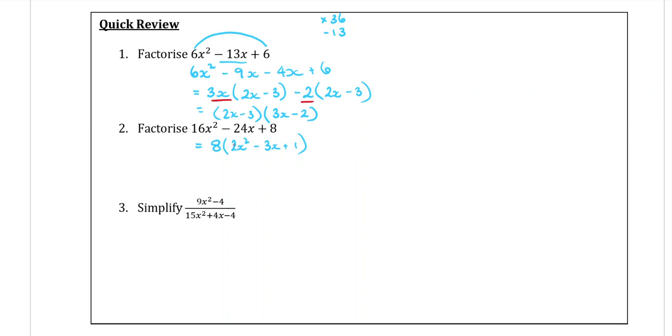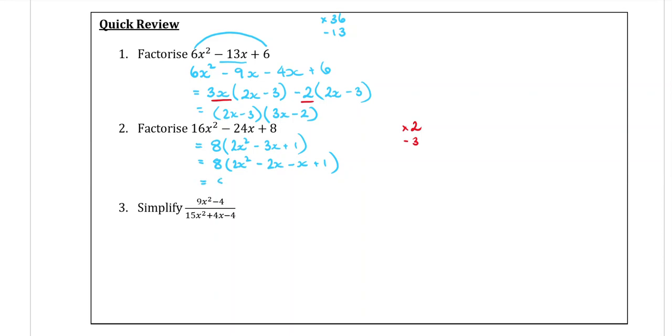So looking at my numbers, I'm going to multiply the 2 with the 1. I'm looking for two things that multiply to give 2 and add to give a negative 3. So that would be a negative 2 and a negative 1. So we're splitting the middle term to be a negative 2x and a negative 1x, or negative x, plus 1.